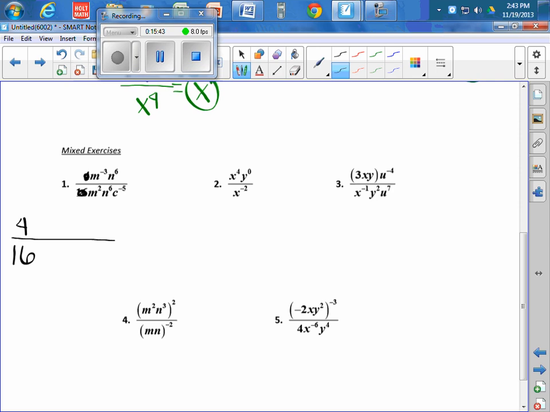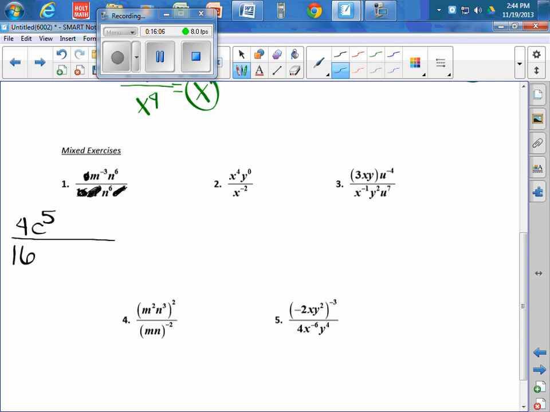Now I'm going to go through alphabetically. This c to the negative 5. And notice how I'm crossing them out as I go along so that I know what I've used up and I know what I have to do yet. So the c to the negative 5 moves into the numerator and becomes c to the positive 5. Alphabetical order.